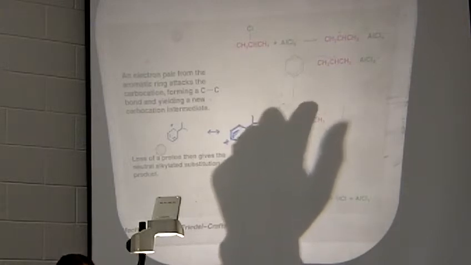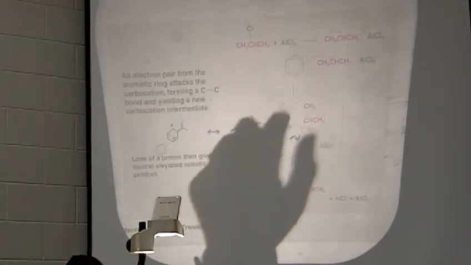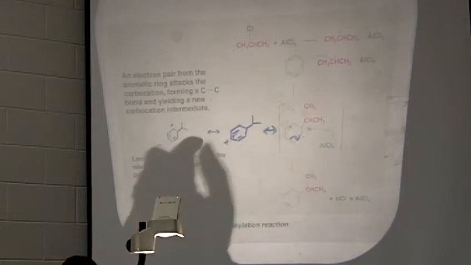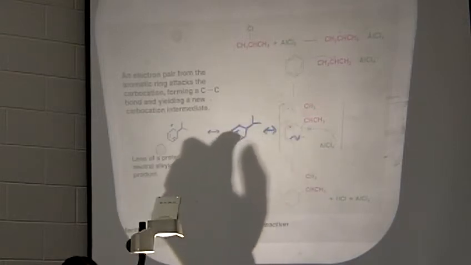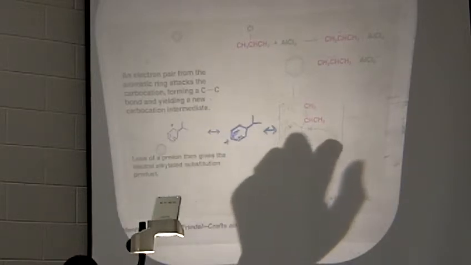Now our positive charge has to move, so now it's on the ring itself. And from here, we can draw multiple resonance structures of how that carbocation moves around the ring, okay? So we've got it here, and we've got it here. So we've got 3 different resonance structures, all right?